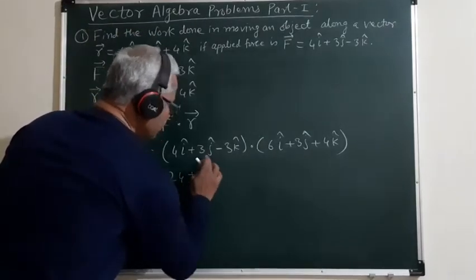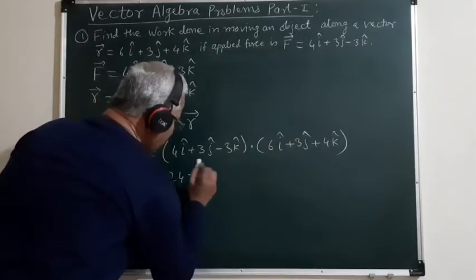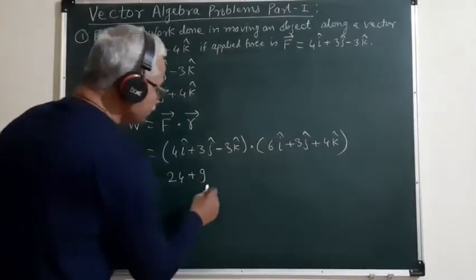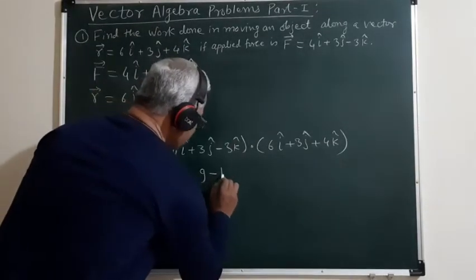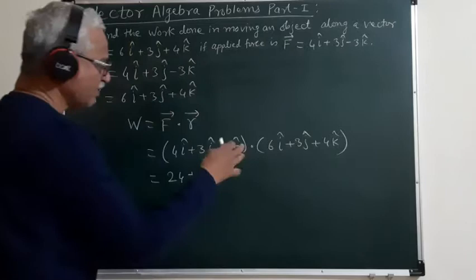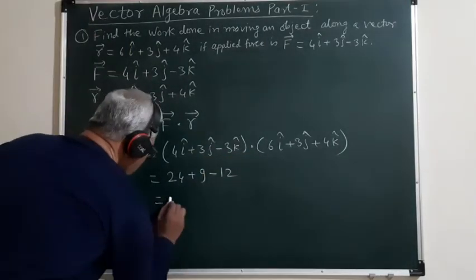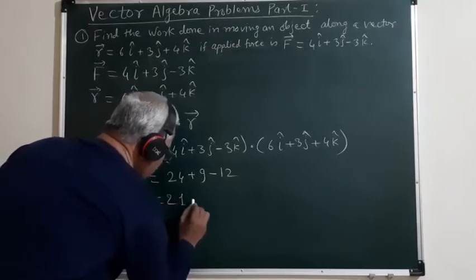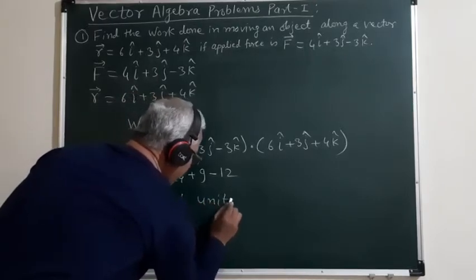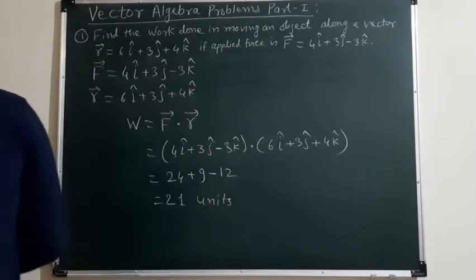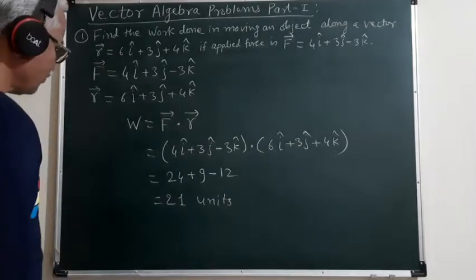plus 3 into 3 is 9, j dot j is 1, minus 3 into 4 is 12, k dot k is 1. So this is equal to 21 units. The work done is 21 units.